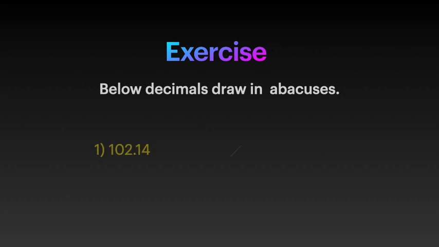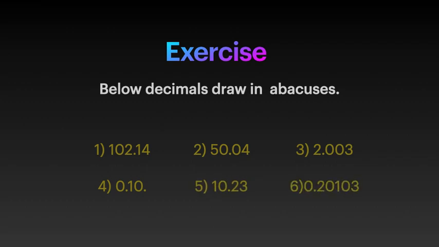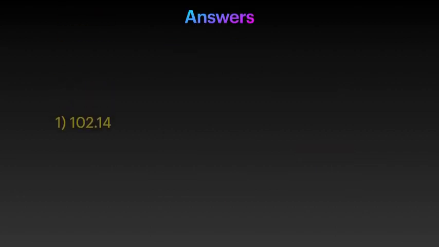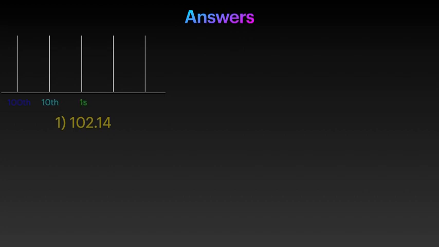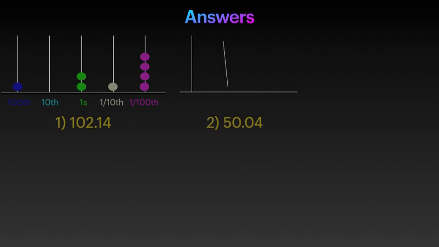Well students, here we have some examples. Below, decimals are drawn on abacuses. We are going to learn about abacuses in the next part. What is the abacus? As you see on the screen, the prongs depend on the number of place values. Let's take question number 1, which is 102.14.